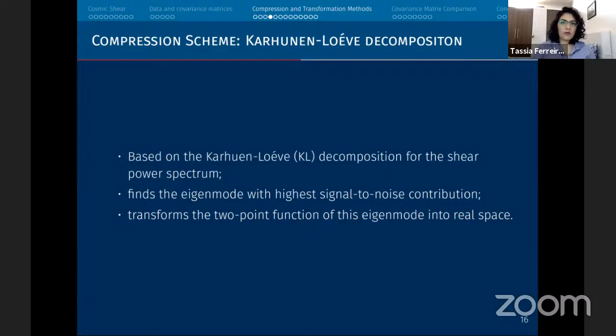If we take just one KL mode, which is the one with the highest signal to noise contribution, then you're going to have a compression down to 19 by 19. But you can use more modes for the compression, then it's going to get bigger and bigger, which is not what you want to do, because if you're looking for compression, you don't want to use a lot of modes. So maybe take the first, the second, the third, and see where that goes.